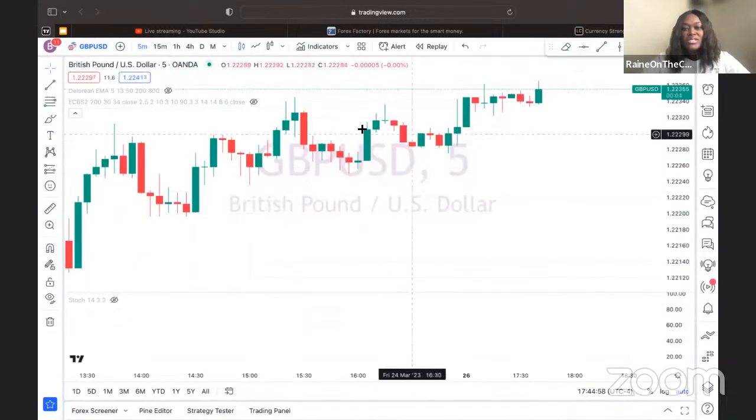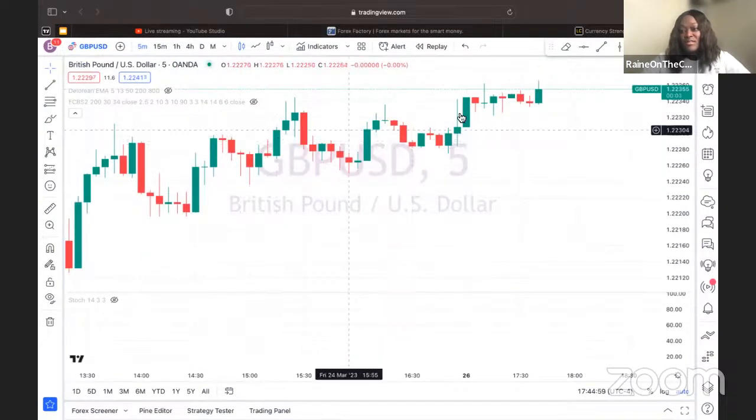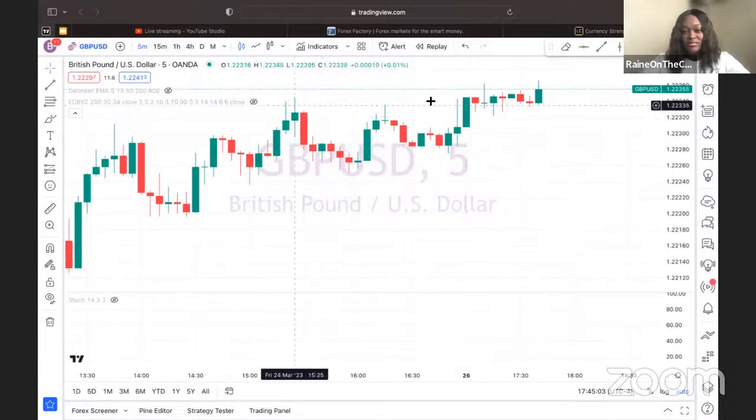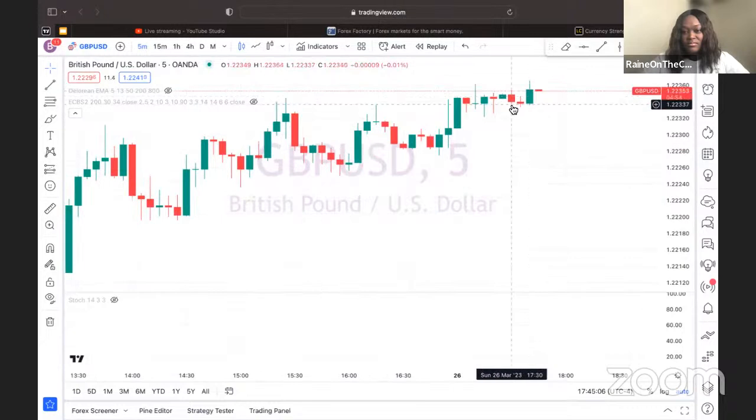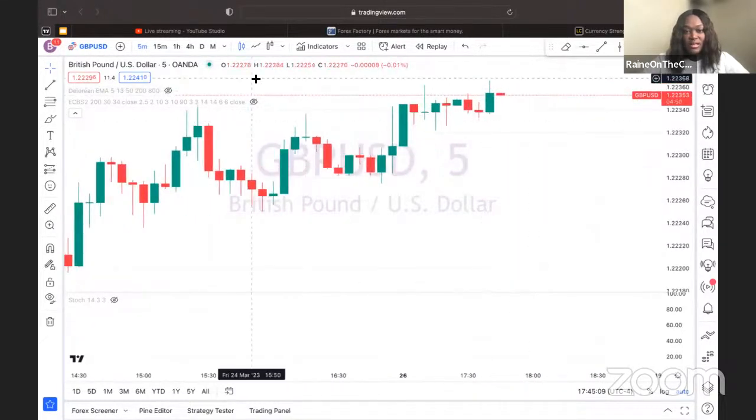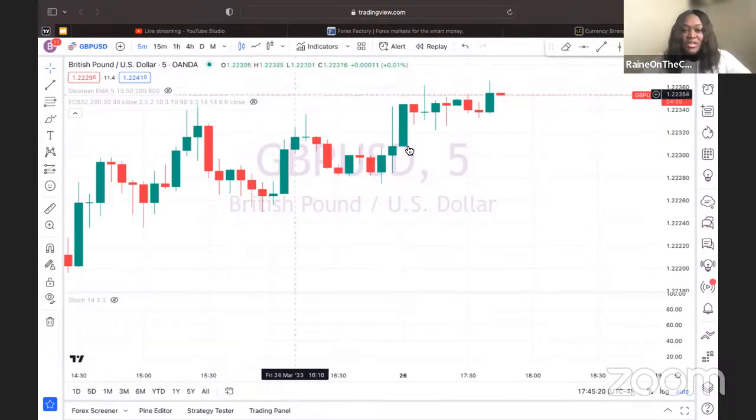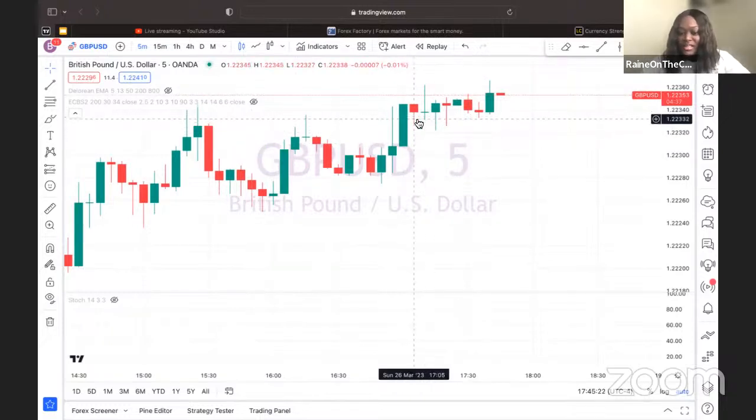All right, and so we see that it's really not going anywhere. See? It's coming down. That's GU right now. But the market just opened. So that's the next thing. The market literally just opened 45 minutes ago. It's not doing anything. We gotta wait, right?